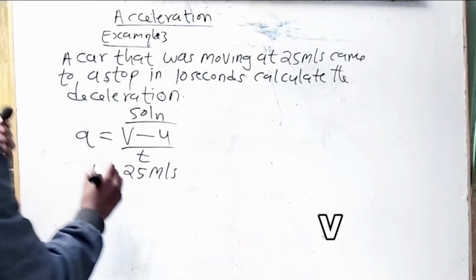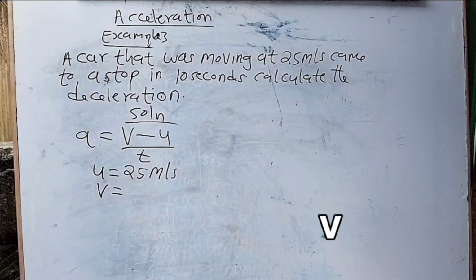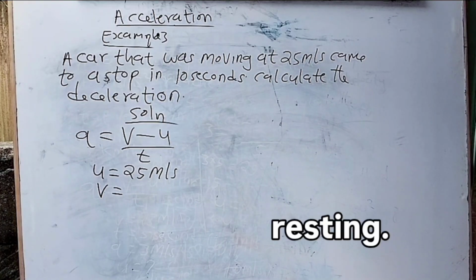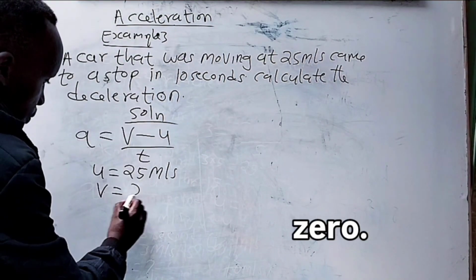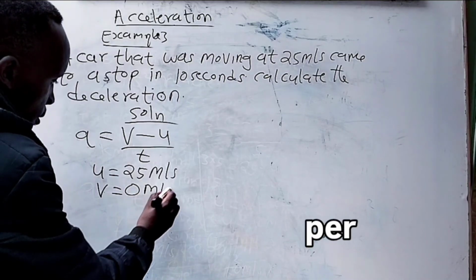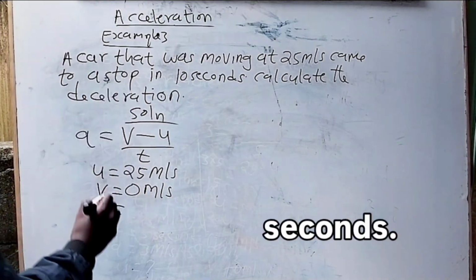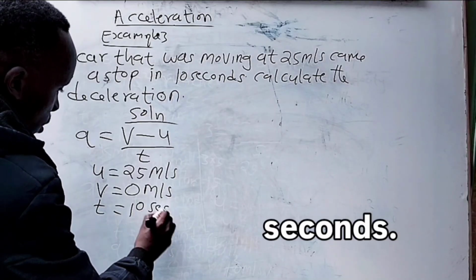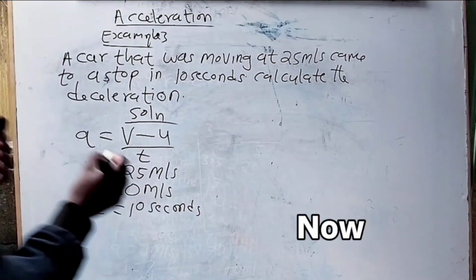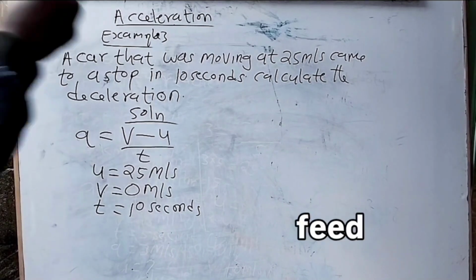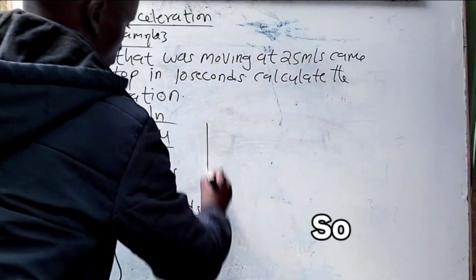Then v: the question says that the car came to a stop. It means it is resting, it is not moving, so v is 0 meters per second. What about t? t is 10 seconds. Now when we have that, we can feed in the formula.